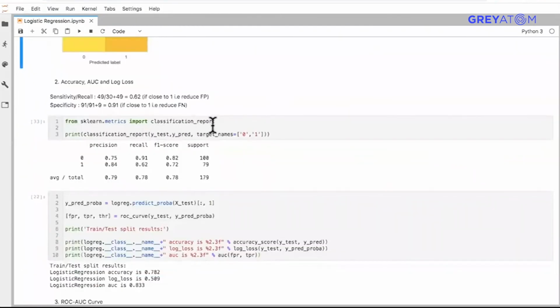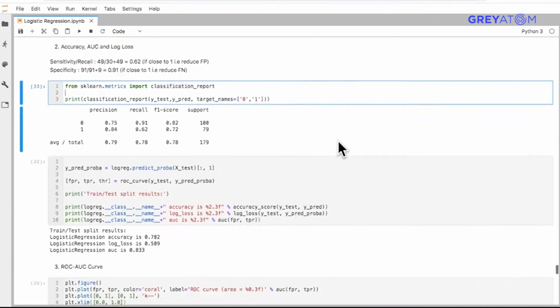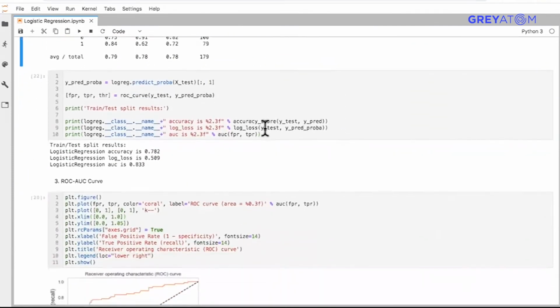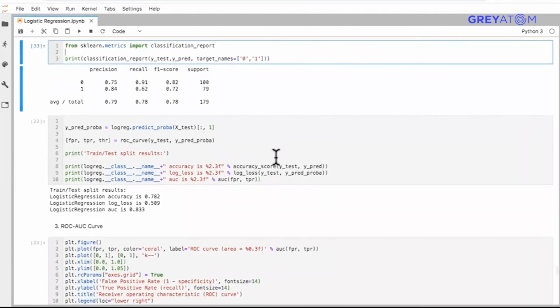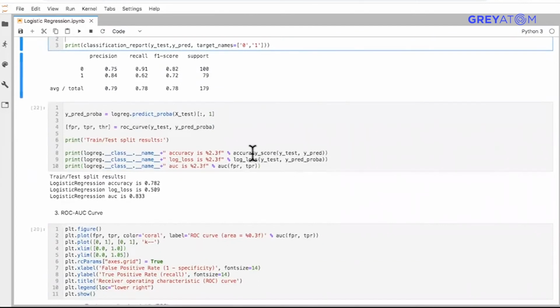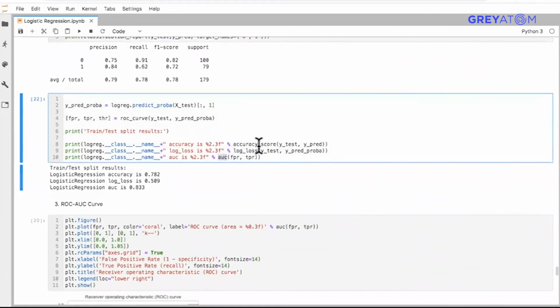You can do a classification report from SKLearn, which would actually give you the precision and recall that someone in the chat was talking about. Okay, guys, we have to wrap up in like 10 minutes, so I'm just gonna skim through the ROC curves here. So the metrics I'm gonna use here are accuracy score, log loss, which is the cost function, and AUC. These are simple.